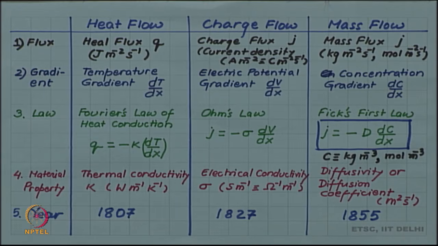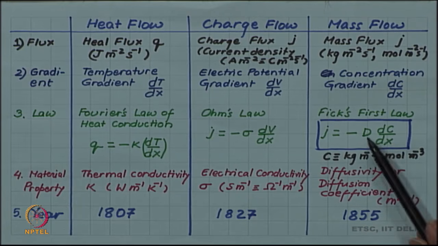We saw in the phase diagram we used atomic percent, mole percent or weight percent as our x axis, and that was also the units of concentration. That unit is fine, but if we want to use Fick's first law, we should use the concentration per unit volume, then only we will get a consistent D, which will be in meter square per second.